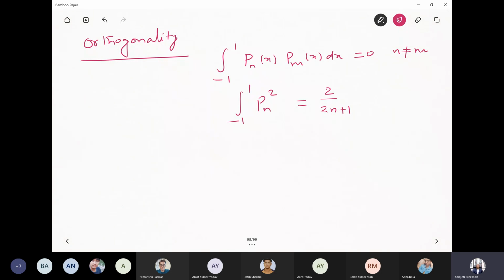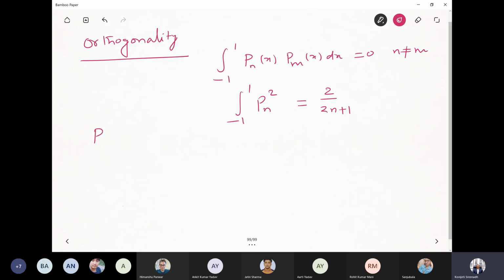So how do we prove these things? There is a simple technique. Of course, you have the polynomials, so you can directly substitute them into this formula and try to integrate by parts, and then you can show it. But apart from that, there are some nice techniques coming from differential equations.